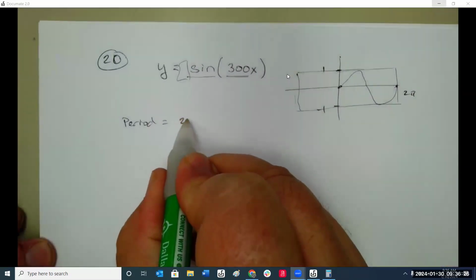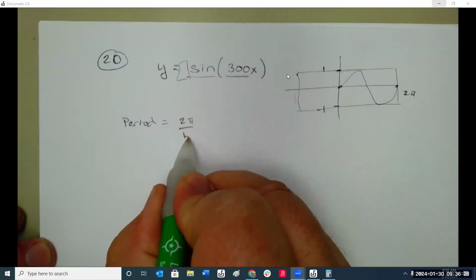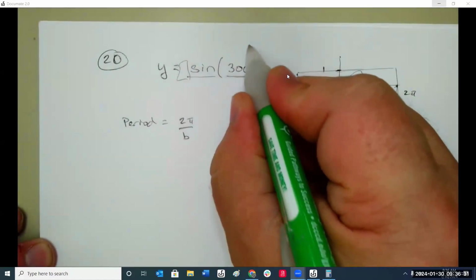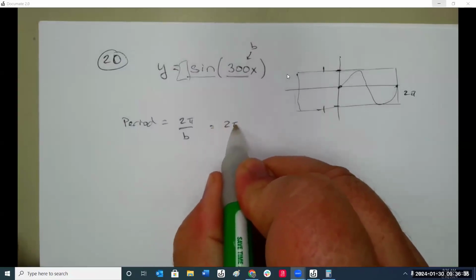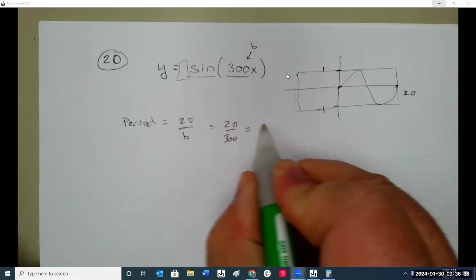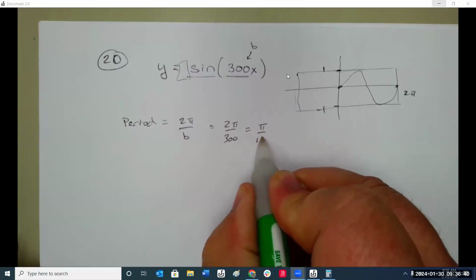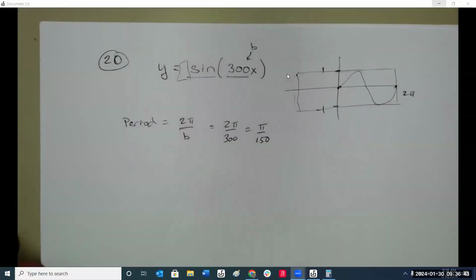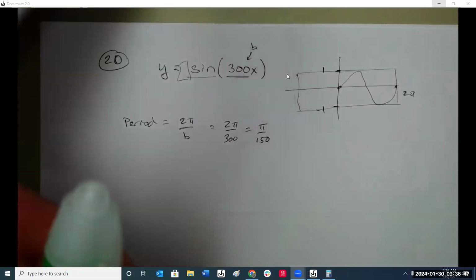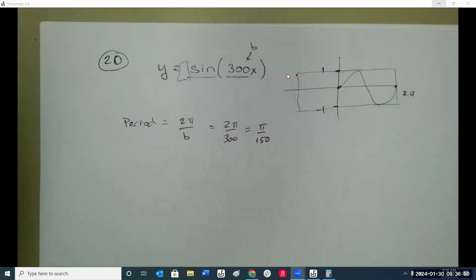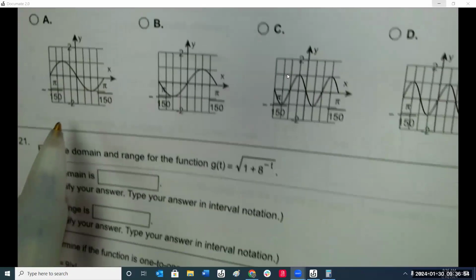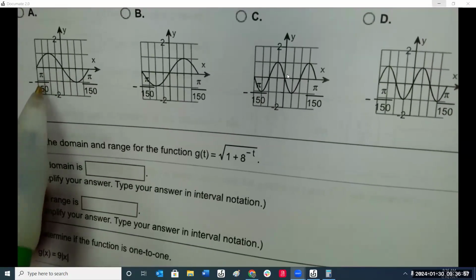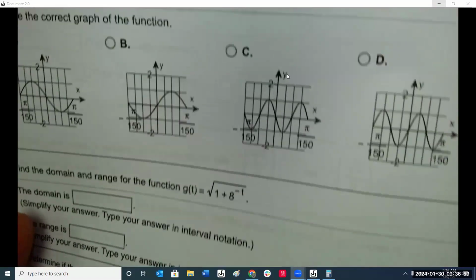So the period is 2 pi over b. This number here is b. So that will explain why all of these go from negative pi over 150 to pi over 150.